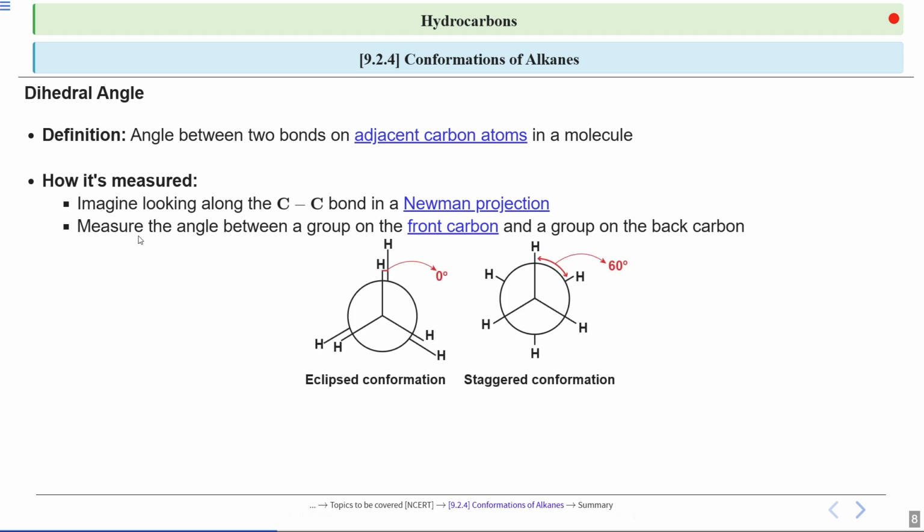You can see it here. Initially we have this carbon represented by a big circle, and the hydrogen attached to it is shown here on the upside, whereas the front carbon is shown by a dot in the middle, and here also the hydrogen is going upside. Now you are rotating the backside carbon, moving it by an angle of 60 degrees to the clockwise side.